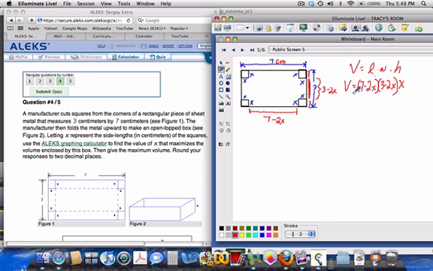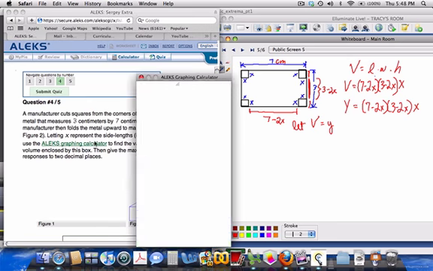So now we just need to plug this into our graphing calculator. Now remember, we're going to replace volume, or V. Let V equal Y, and plug that information in. And then we just repeat that process that we did previously.